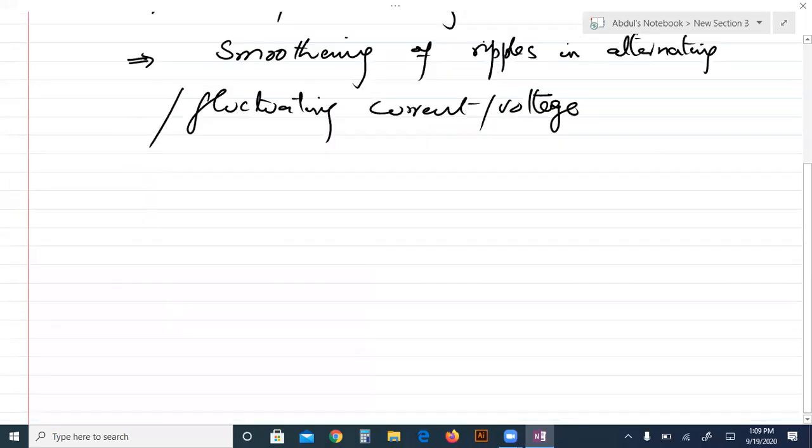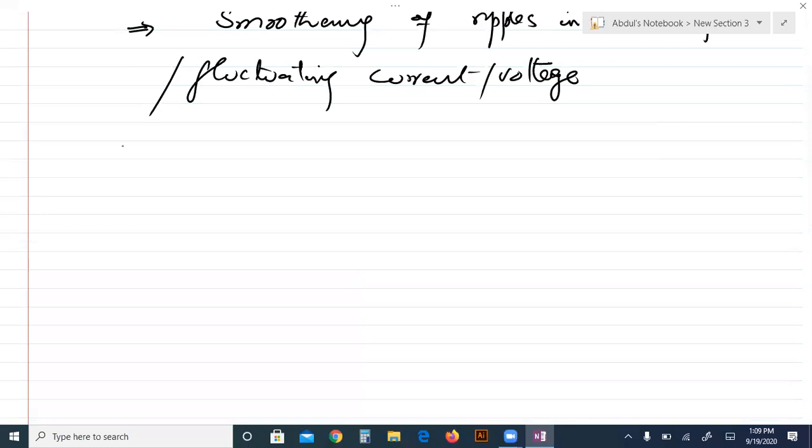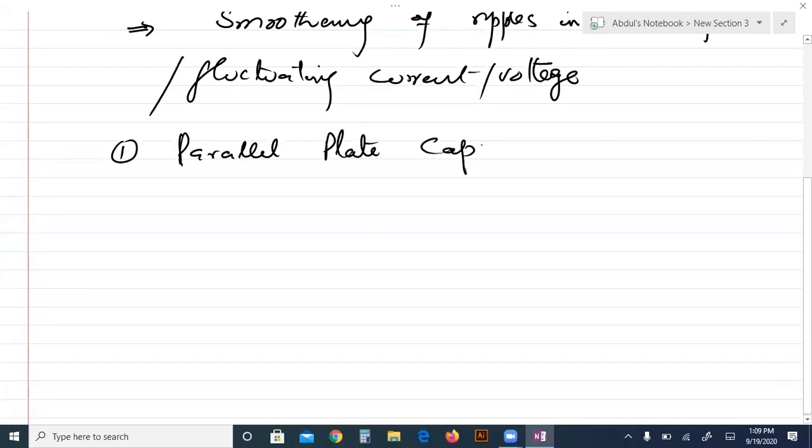We have to study parallel plate capacitors.